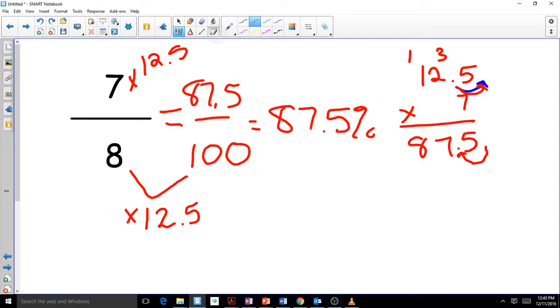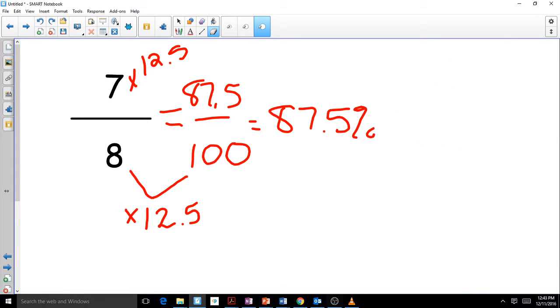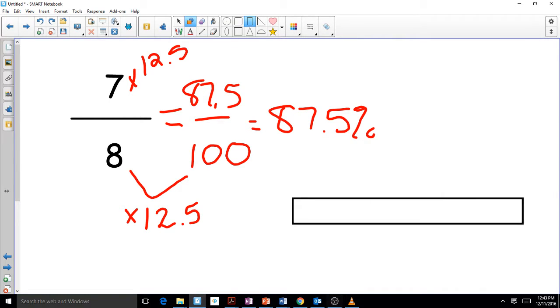Now, I need to check if this is reasonable, so I'm going to do a double number line. Going to take the same one that I was using before and just draw it right here. This time I'm dealing with 8s, so I know that I have 0 8s here. Ooh, that does not look like an 8.